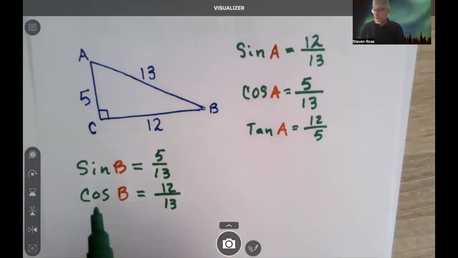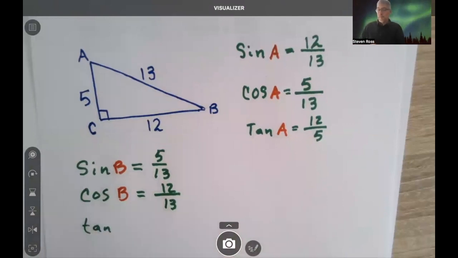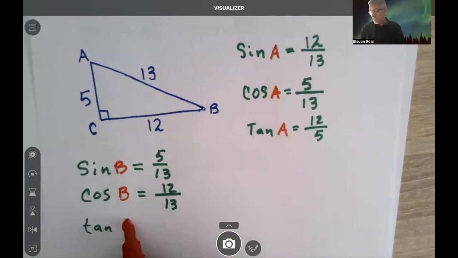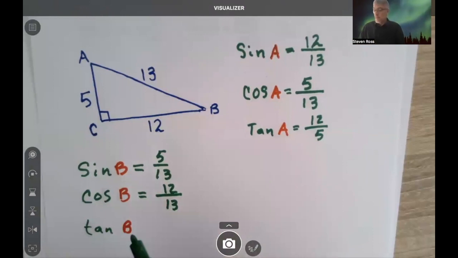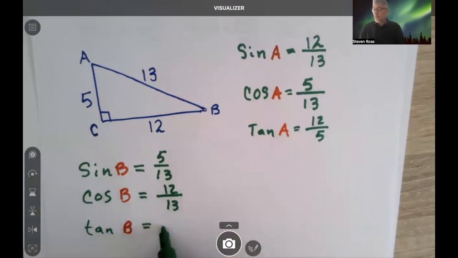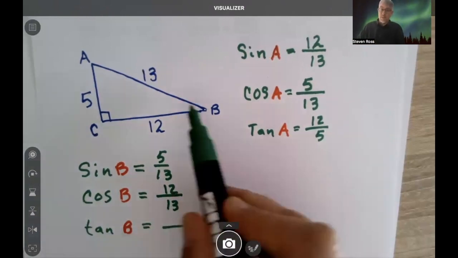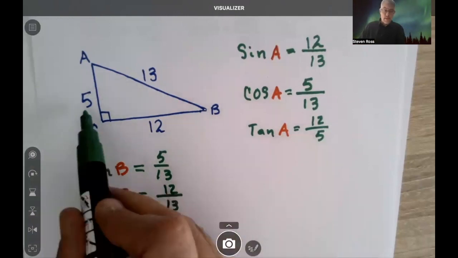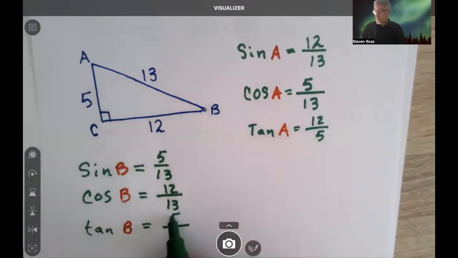And then finally, the tangent of angle B. The relationship for the ratio works like this. The opposite now, opposite B, the other side, is 5, over adjacent, which is 12.